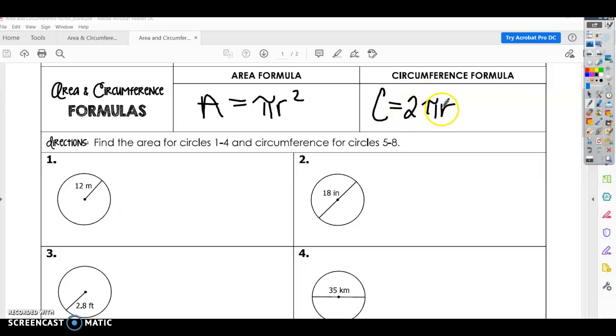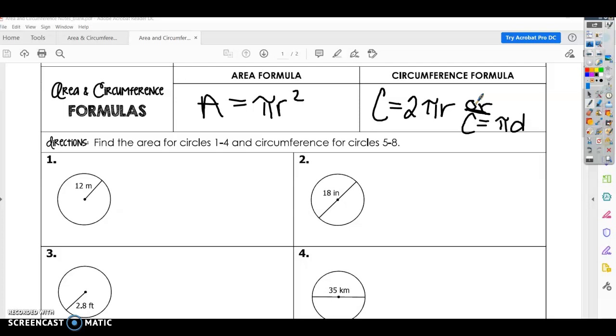And 2 times the radius, twice the radius, is your diameter. So we can say c equals pi times diameter. Alright, so you can use either one of these formulas to get the same answer. It just depends on whether they give you the radius or the diameter.